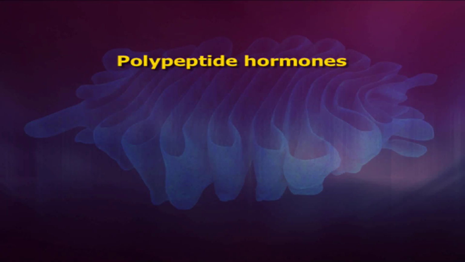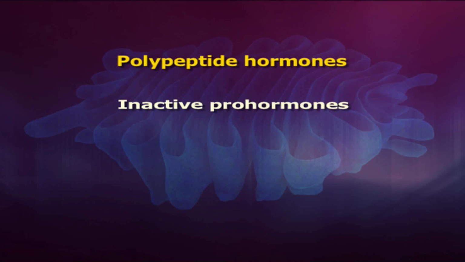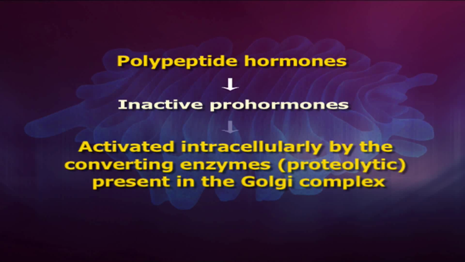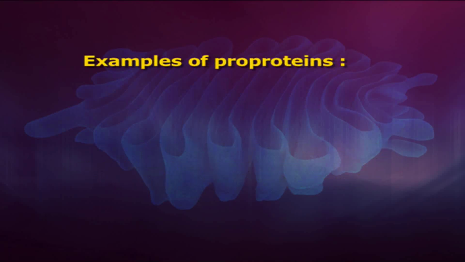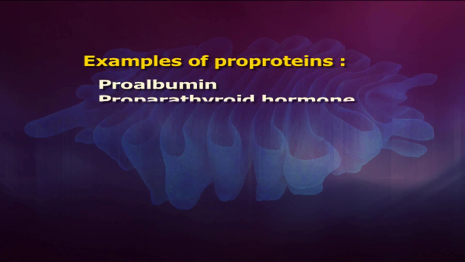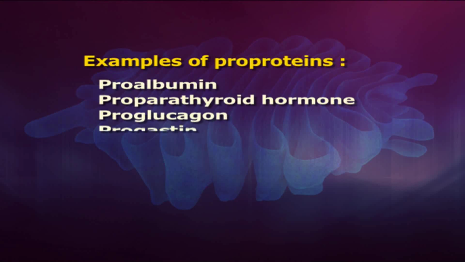The zymogens secreted by the pancreas are activated extracellularly, that is, after the release of the secretion. Various polypeptide hormones are produced as inactive prohormones which are then activated intracellularly by converting enzymes that are proteolytic enzymes present in the Golgi complex. Examples of proproteins are proalbumin, proparathyroid hormone, proglucagon, progastrin and proinsulin.